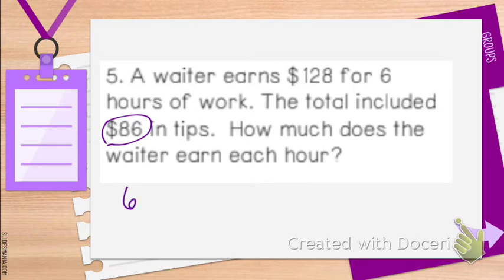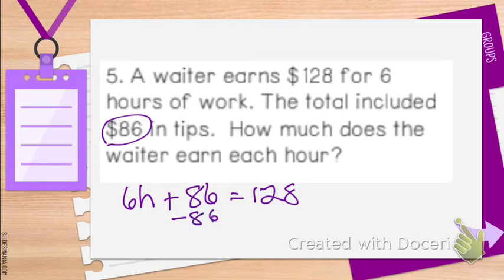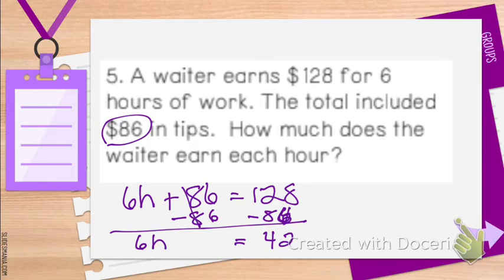So it's 6 hours of work plus that $86 equals 128. Okay, if we subtract our 86, we're going to be left with $42 for those 6 hours of work. Okay, so when we divide by 6, that means the hourly pay for that waiter is $7 an hour. And then they included those tips, okay?